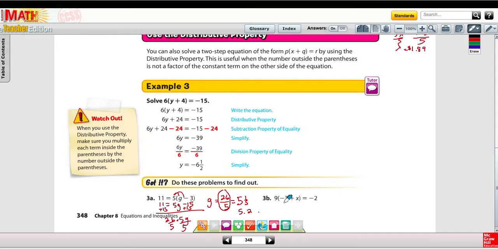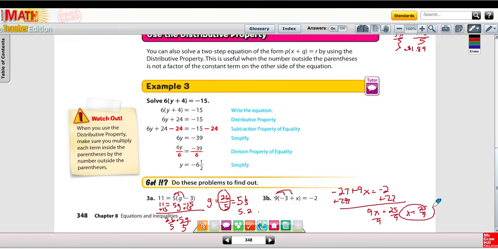Okay. On 3b, we're going to distribute the 9 to negative 3 to get negative 27, plus 9x equals negative 2, plus 29, plus 27, plus 27, 9x equals 25, divide by 9, x equals 25 over 9.